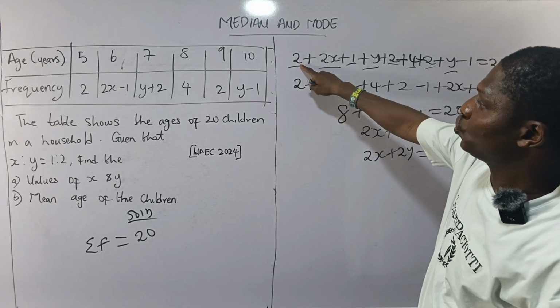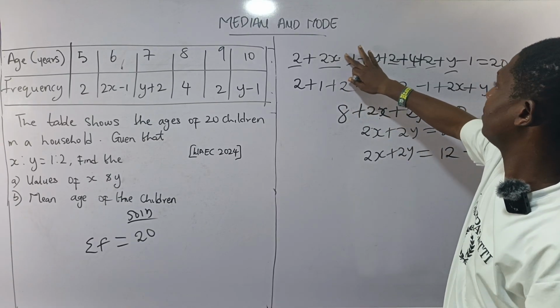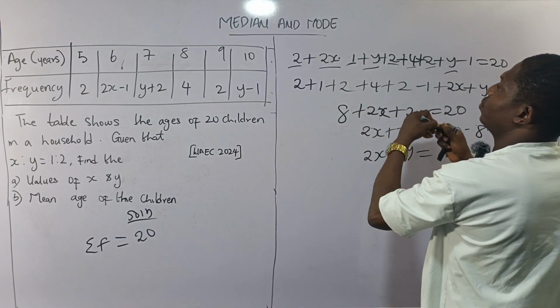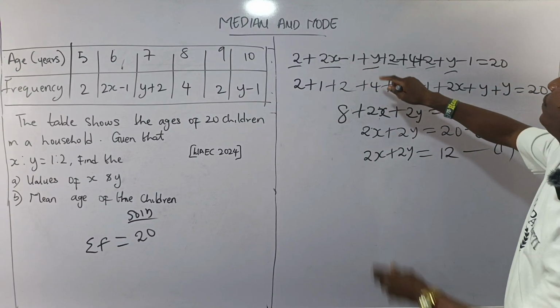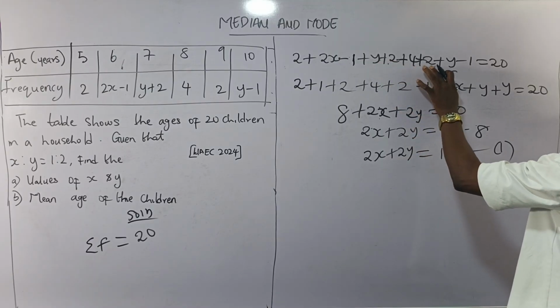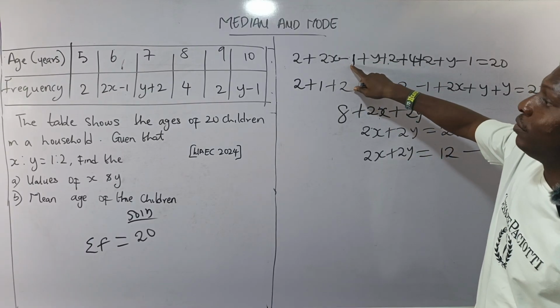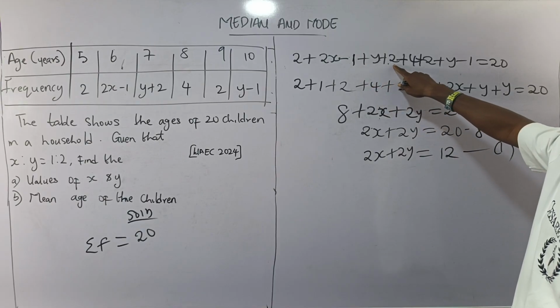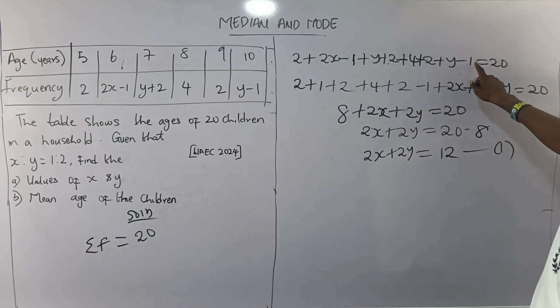So let's check. 2 plus 2x. Oh, yes, minus 1. Yes, minus 1. Minus 1, yeah? Yeah, minus 1 plus y plus 2 plus 4 plus 2 plus y minus 1.